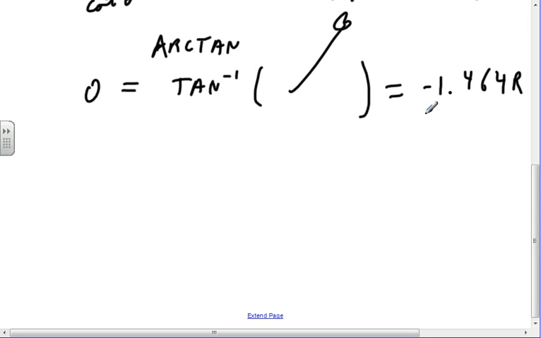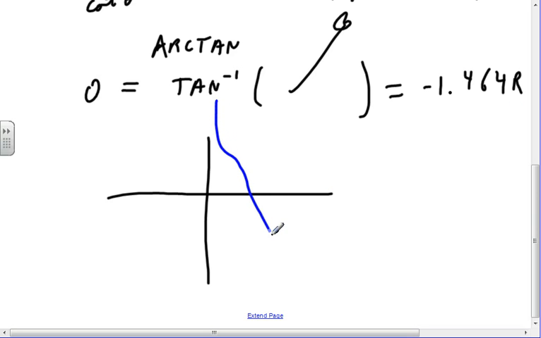Theta equals that. Now my arc tangent function goes through 0, goes to infinity, and looks something like this. Okay, and this happens at pi. That happens at pi over 2.